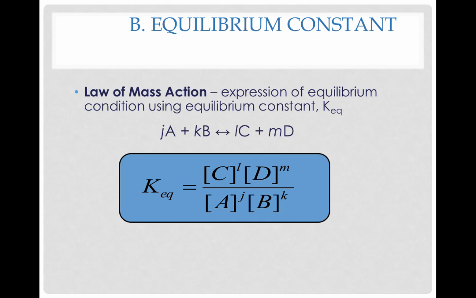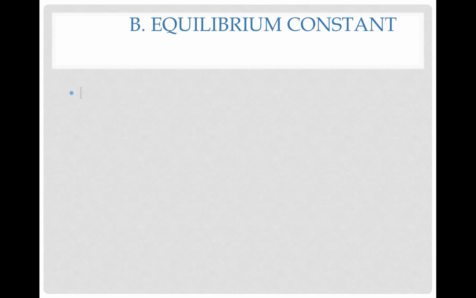So the law of mass action states that the expression of equilibrium conditions is raised to the power of the coefficient. So you can see in the KEQ equation, you have the products, which are C and D, raised to the power of their coefficient, or the balance. So you have the products divided by the reactants, which are A and B, also raised to their coefficients.